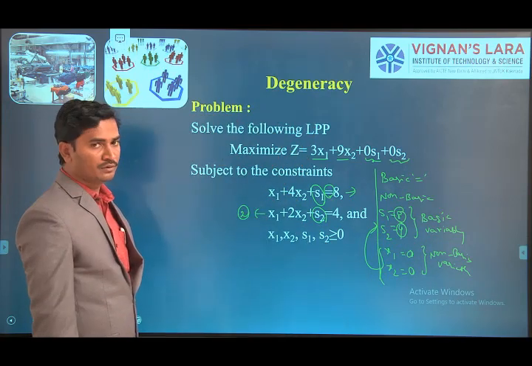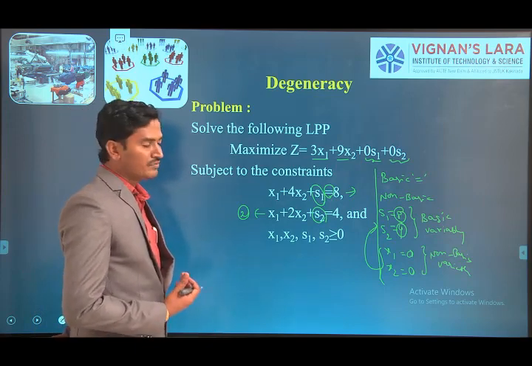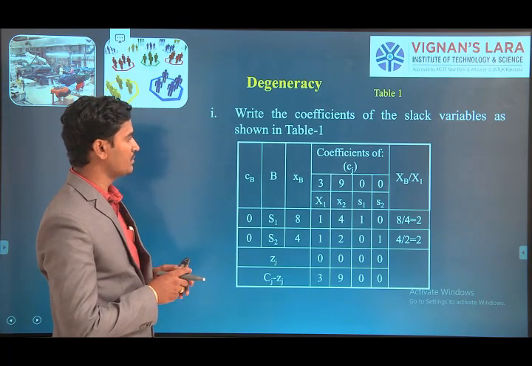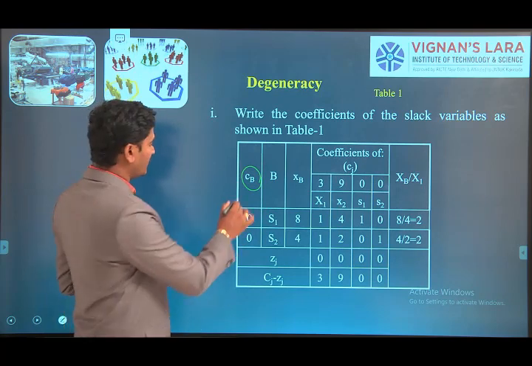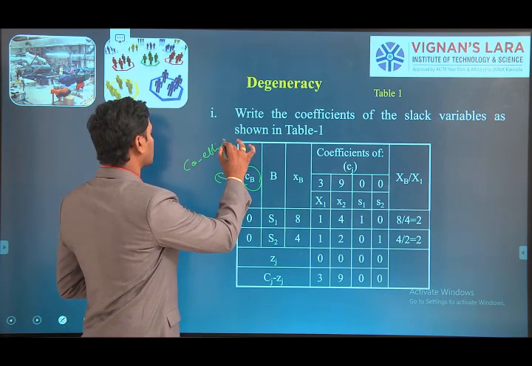Now we are going to calculate the optimal solution with the help of the simplex table. In the first column we take the coefficient of the basic variable.